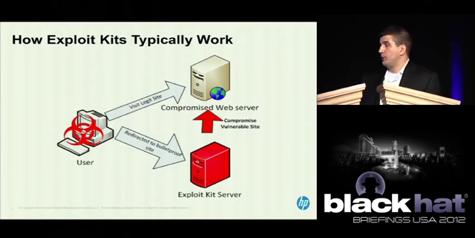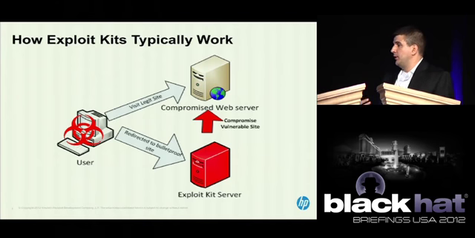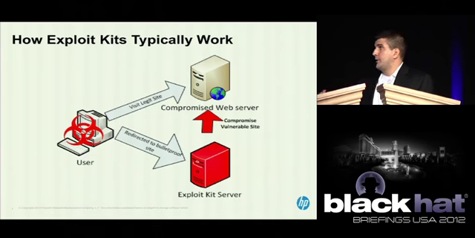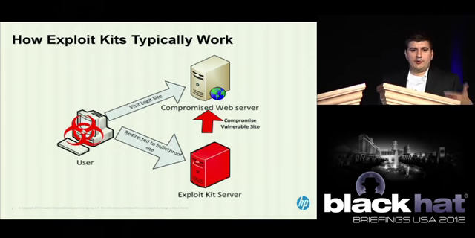So the typical way that these kits work is, you see the red exploit kit server. Normally they'll go out and find a vulnerable website, attempt to compromise it, and inject their malicious JavaScript that redirects any potential visitor to this other site. Then they do the typical browser detection, to see if they have an exploit for whichever browser version you're running, or any plugins you're running.